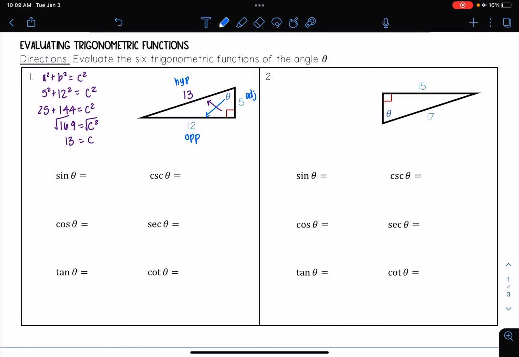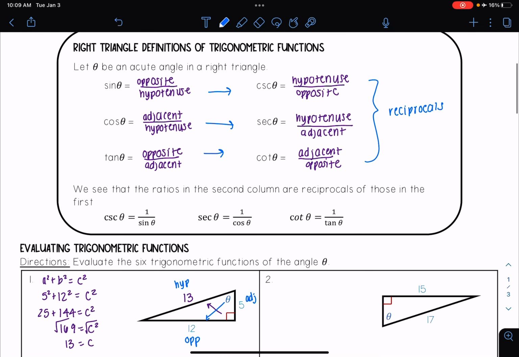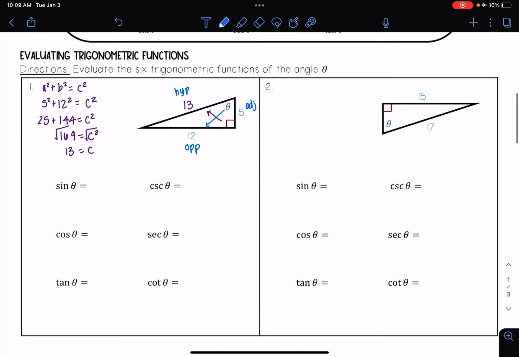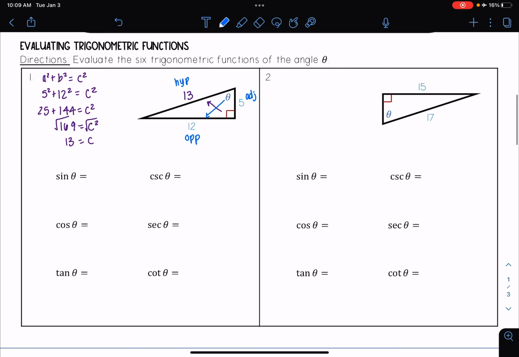So now I need to figure out all of these ratios, and I have up here what the different ones are. Something that I like to think about to remember for sine, cosine, and tangent is an acronym called SOHCAHTOA.